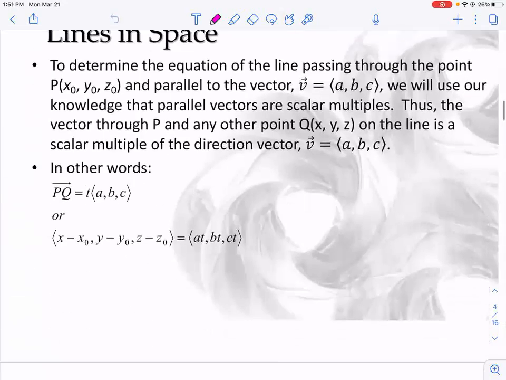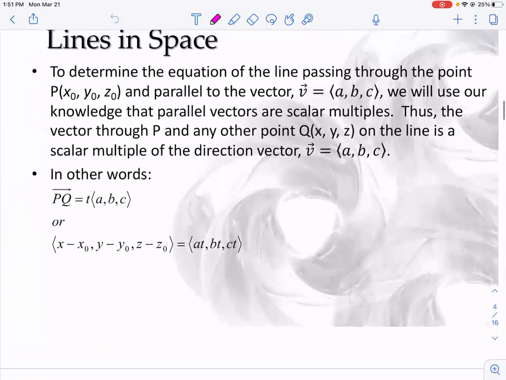So to determine the equation passing through the point P, parallel to vector V, we're going to use our knowledge that we have scalar multiples. If we have the vector through P and any other point Q, then we know that PQ has to be some scalar multiple of our vector V. So PQ is on the line.